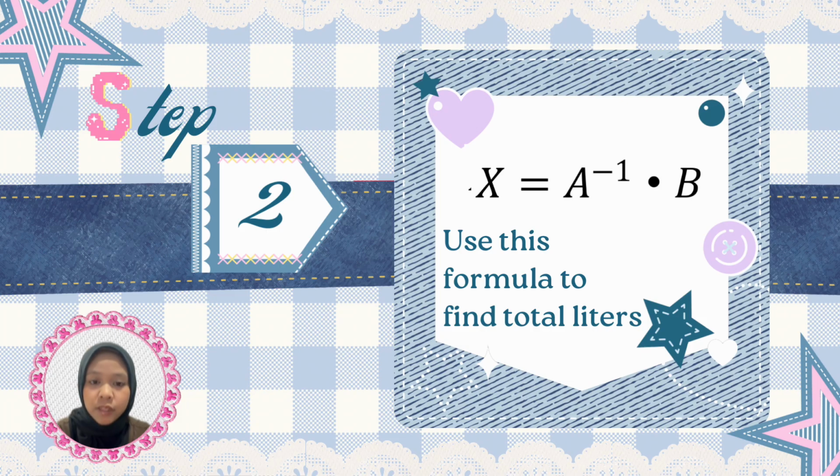Now that we have the inverse matrix, we can apply the core formula for the matrix inversion method: X equals inverse multiplied by B. Here, X represents the unknown daily water usage, and B represents the total water used for each herb, which is 83 liters for basil, 70 liters for mint, and 37 liters for rosemary.